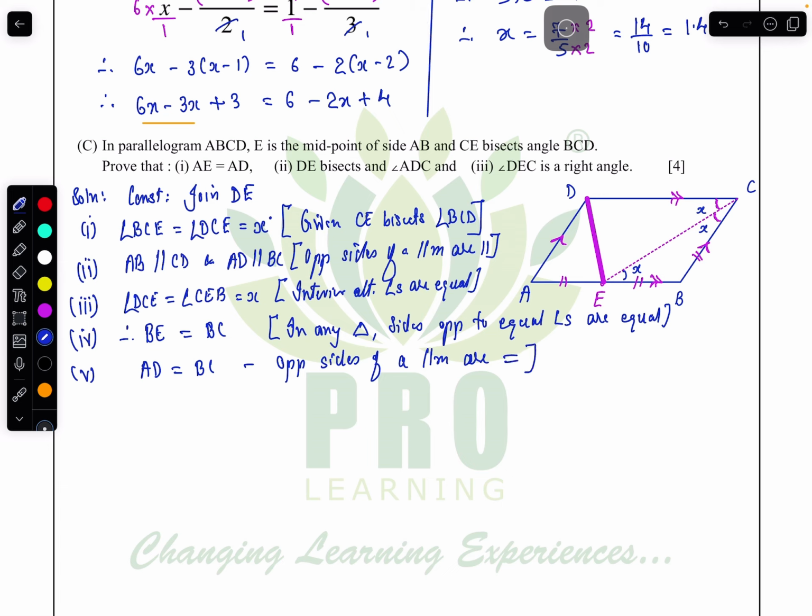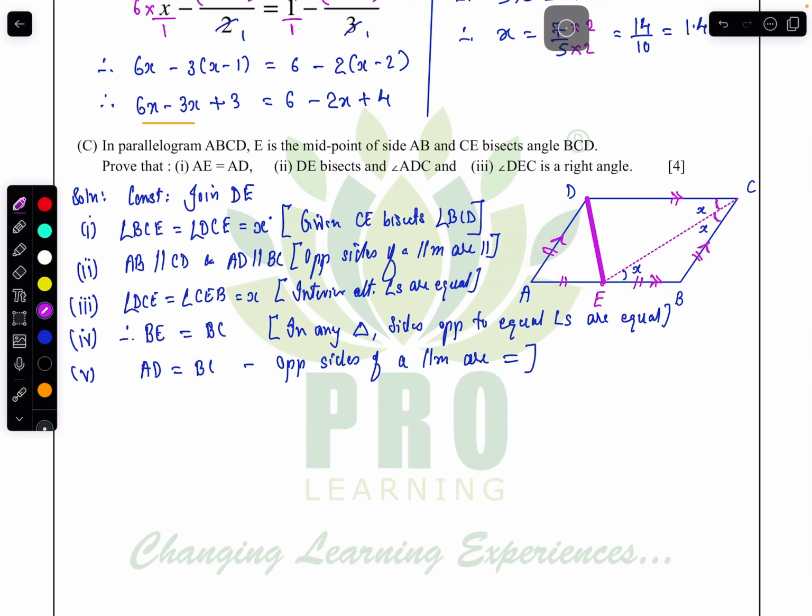So here we have understood that this is equal here. Now if you realize this and this have become equal, this and this have become equal, but we already knew BE and AE are equal. So in other words, all four of these are equal.